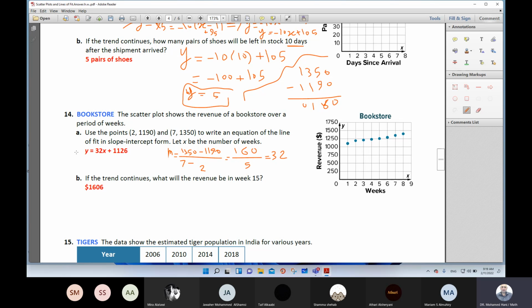Then you can substitute in the equation y minus y1. Choose any point, no problem. For example, here y minus y1 means y minus 1190 equal m multiplied by x minus x1 means 2, and we know the value of m, so substitute the value of m will be 32.